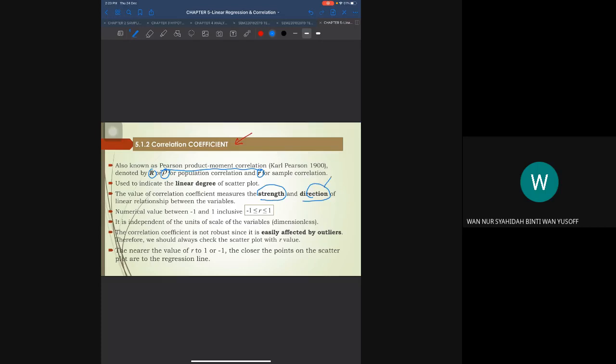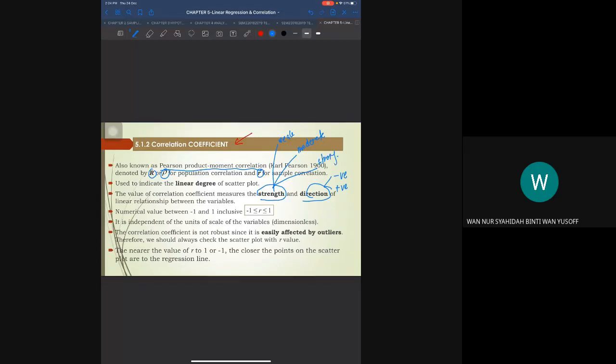Direction here just means whether you have a negative or a positive relationship. Strength means how much they relate to each other, either weak, moderate, or strong.